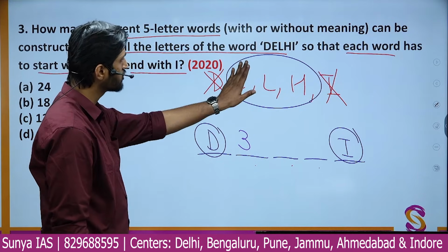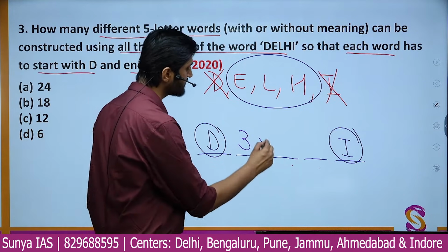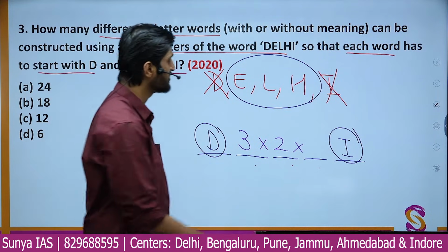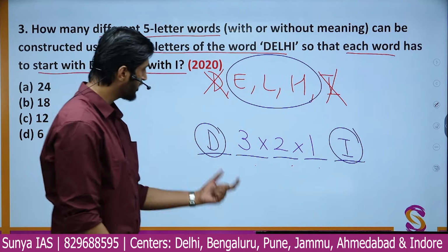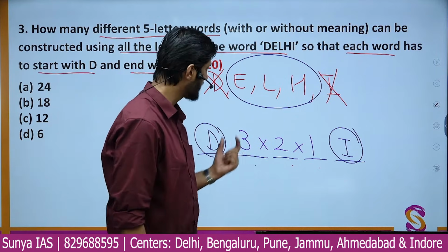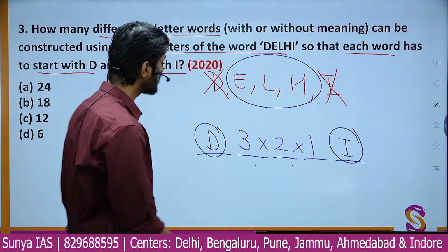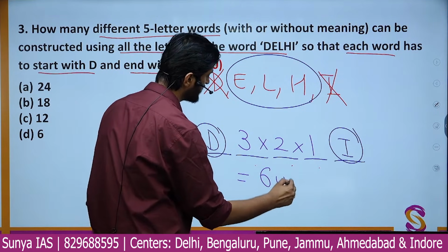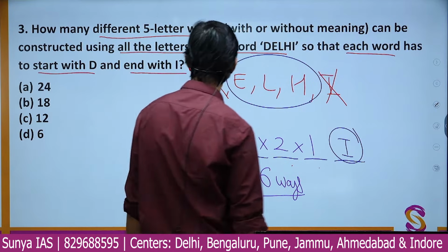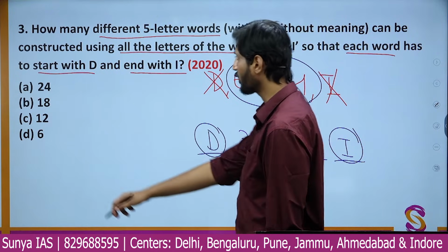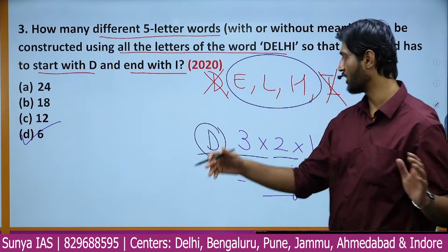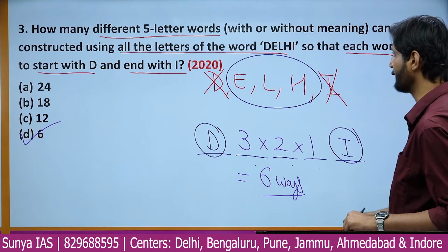After we choose one of them we have only 2 choices left here. And when we choose one more we have only 1 left which we can fill at this place. So overall if D and I are fixed at the beginning and at the end, we will be having 3 into 2 into 1, that is 6 ways in which we can create different words. So the correct option is going to be 6. So we can create 6 different words from the letters.